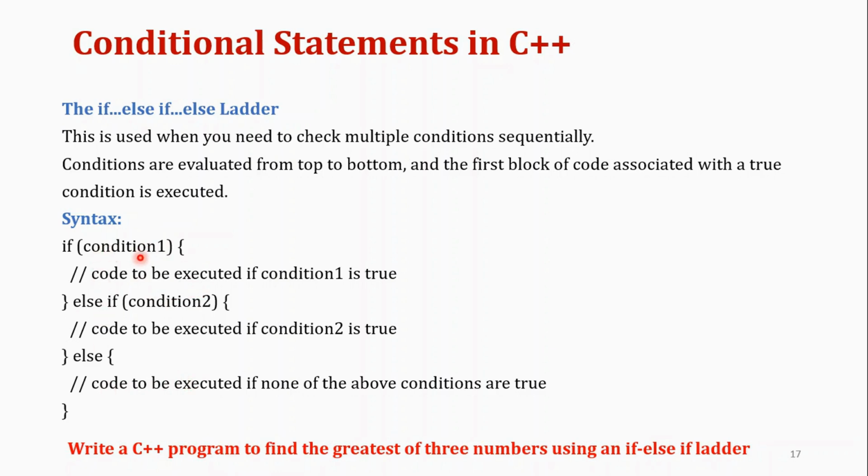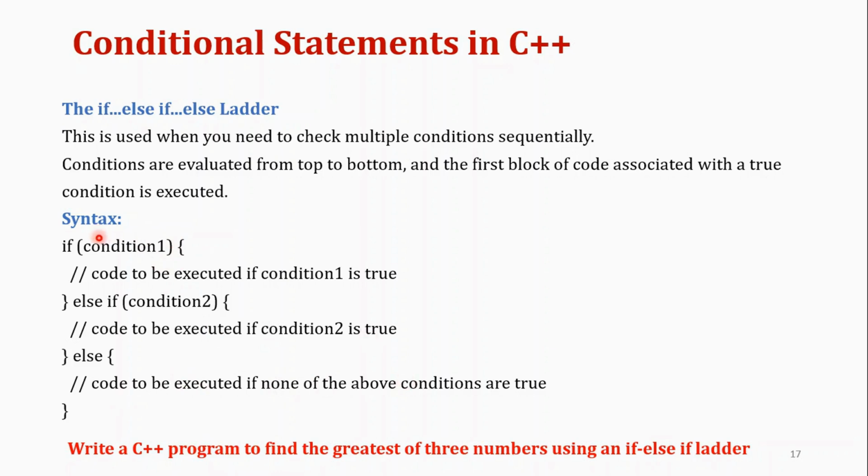If condition 1 is true, this set of statements will be executed, and the rest two will never be executed. If condition 1 fails, I check condition 2 in the else part. If condition 2 is true, this set of statements will be executed. If both conditions fail, the else part will be executed.